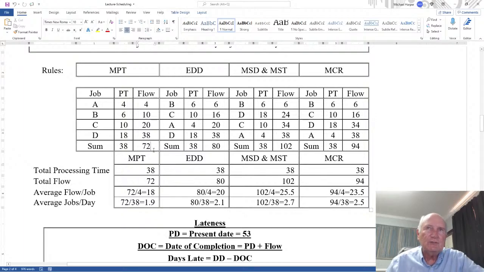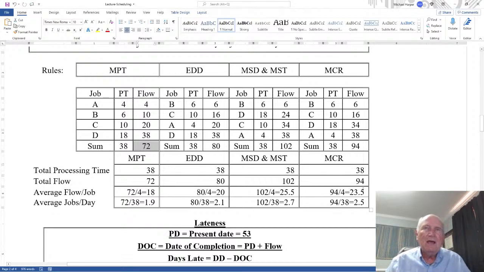So notice the earliest due date, 72, goes up to 80. The mean slack time is 102. Mean critical ratio is 94. So the minimum flow of any schedule is attained by using the MPT rule. Now, one of the other rules may be the minimum too, but MPT will always be minimum.